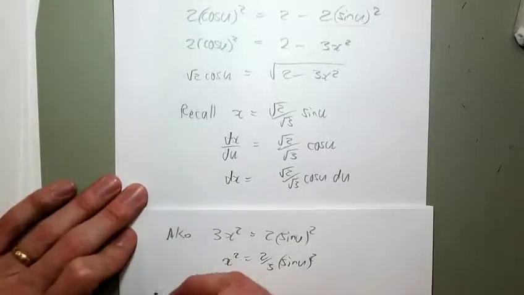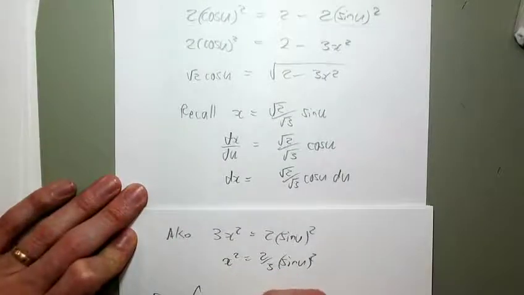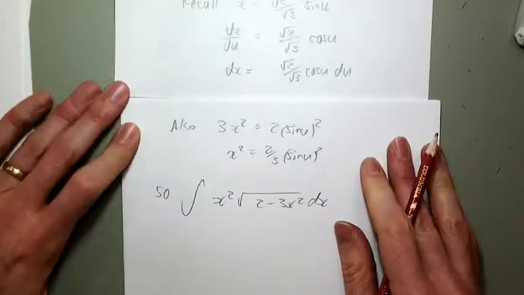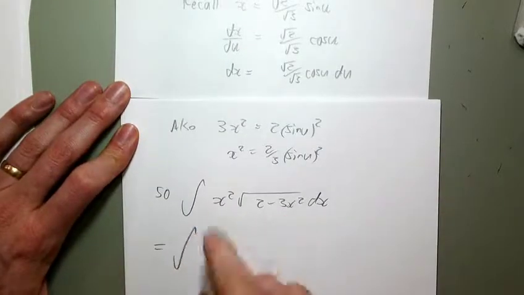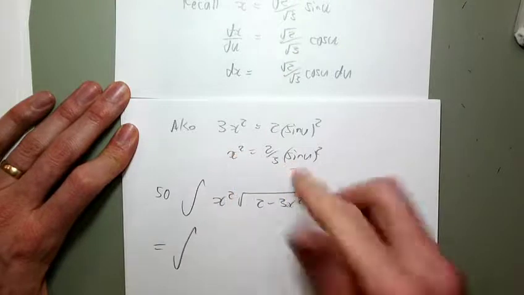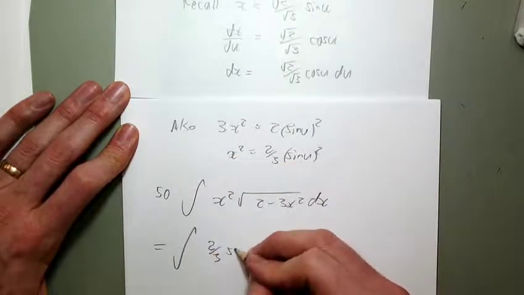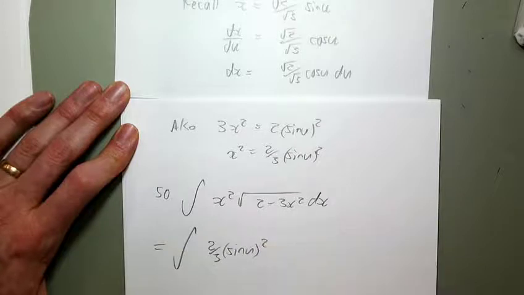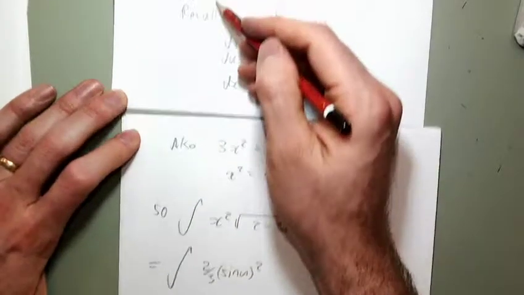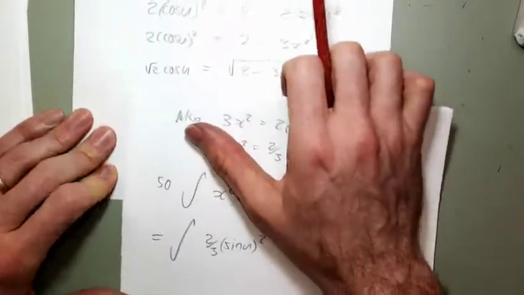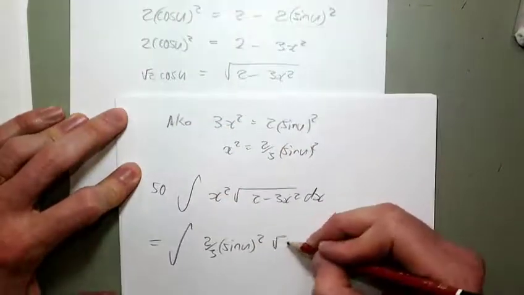Let us see. That's my original integral. The x squared is actually 2/3 of sine u squared. And the root 2 minus 3x squared is actually root 2 cos u.